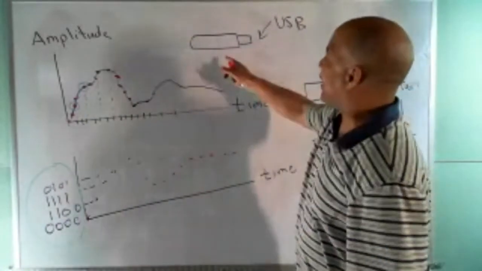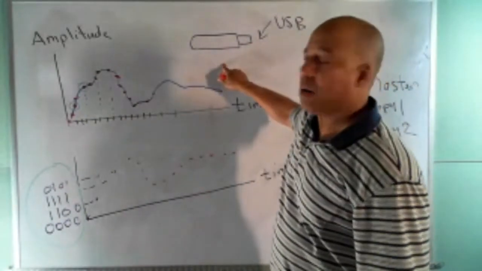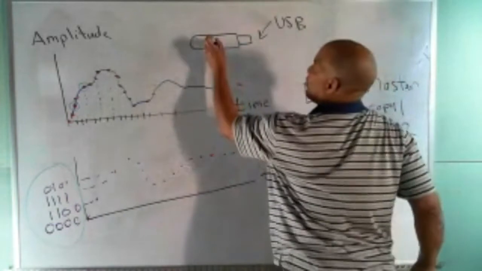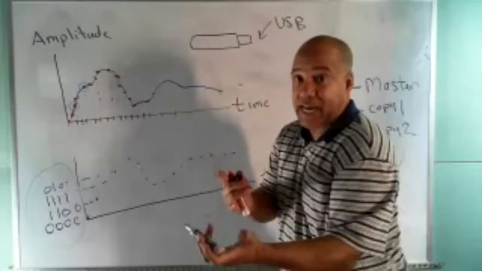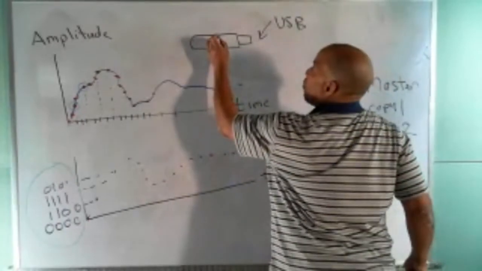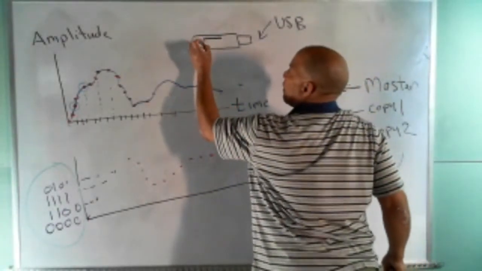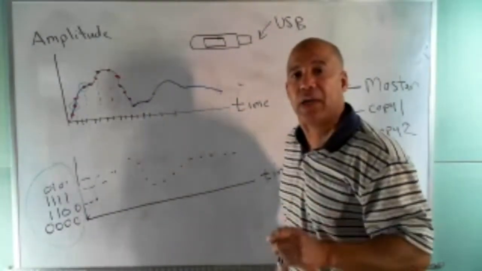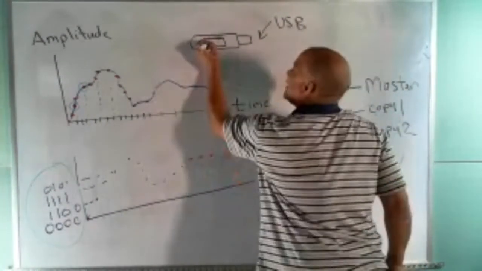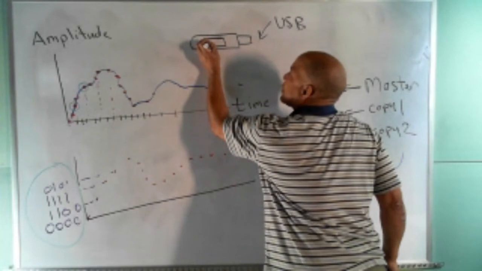Well, if you pry that thing open and take it apart, what you will see is a circuit board. This is not drawn to scale, but I'm trying to emphasize something here. The circuit board might be this big. There's different things on the circuit board, but somewhere on that circuit board is a little tiny chip like this.